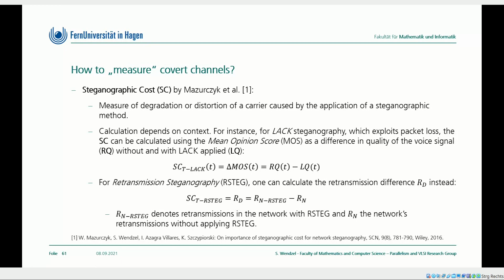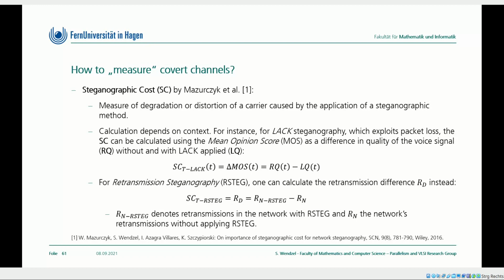That is the difference between the retransmissions in a network with RSTEG being applied and without RSTEG being applied. Of course, this is only really meaningful if you do this over a longer period of time, because in normal networks, retransmissions are, at least nowadays, rather rare.